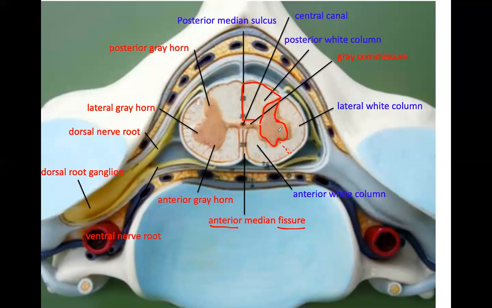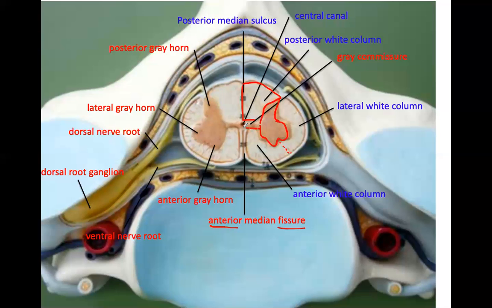In the case of the gray matter, we still have the three parts, but we refer to these as gray horn, or just horn. So we have the posterior horn or posterior gray horn, lateral horn, and anterior horn. Now, the spinal cord needs to be connected for the two hemispheres as well.